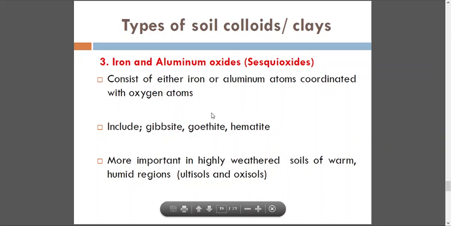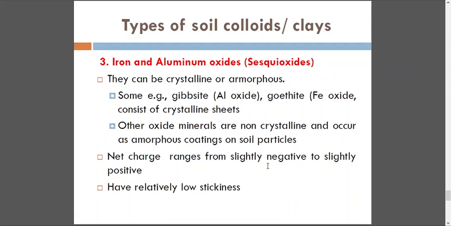And then the third type is the iron and aluminium oxides. This consists of either iron or aluminium atoms coordinated with oxygen atoms. These mainly include gibbsite, goethite, and hematite. And these are more important in highly weathered soils of warm, humid regions. Examples of soils in those areas are ultisols and oxisols.